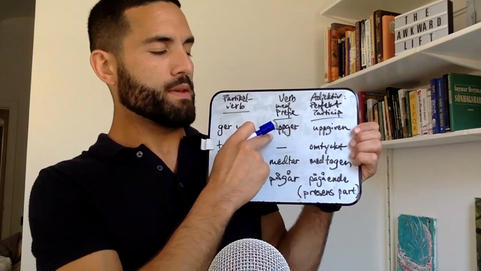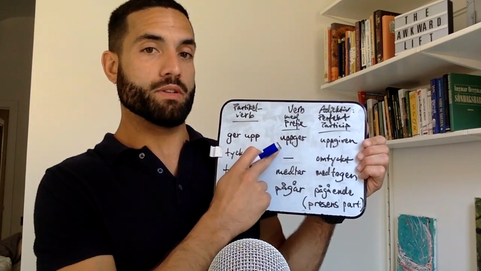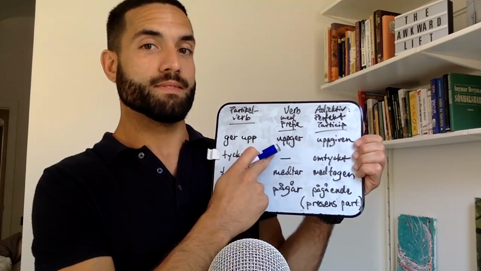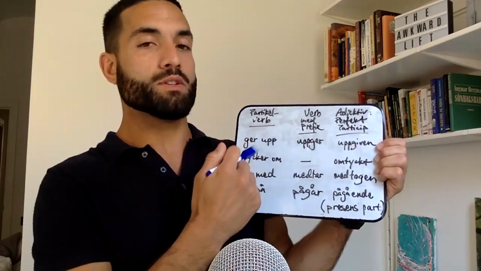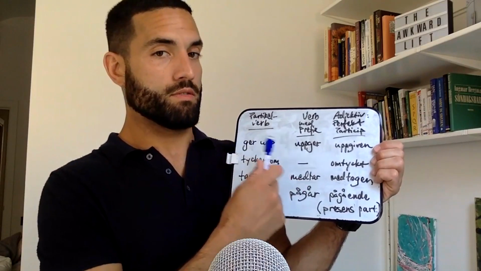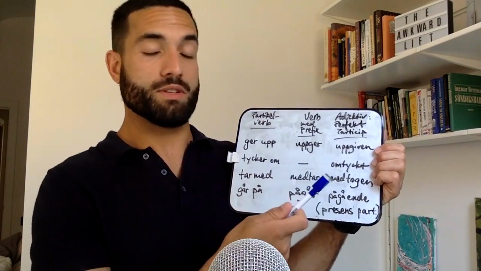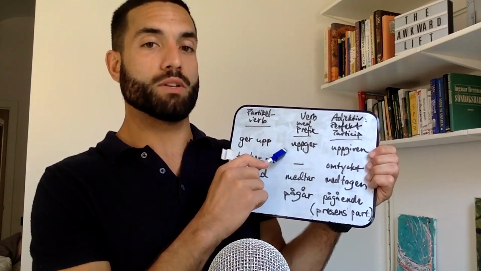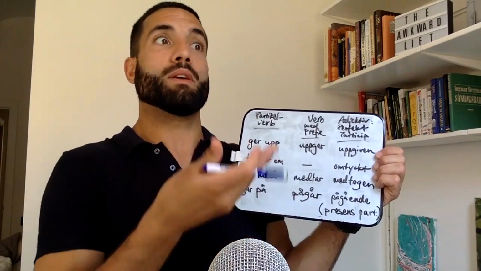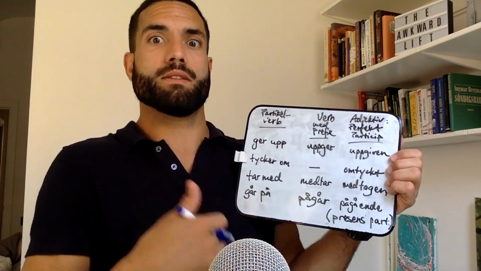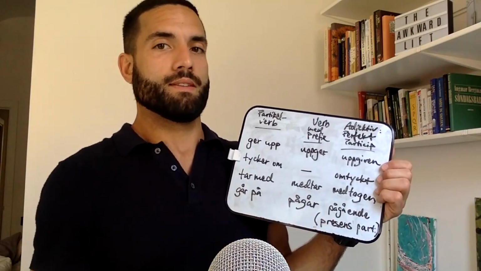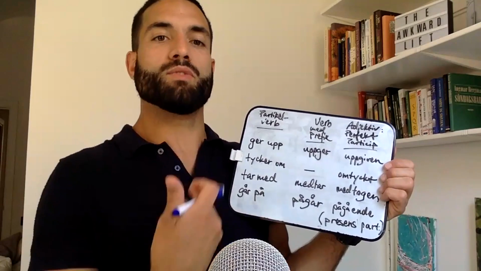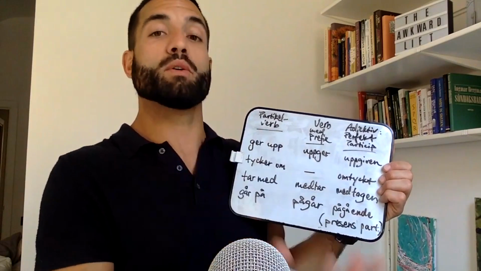Ger upp. But then we have another verb here, which is uppge. Okay? And originally they share a similar meaning or same meaning. But today we use uppge in a different way in Swedish. Uppge is to give up information, to give your information about something. Uppge ditt namn, give your name, like share your name.